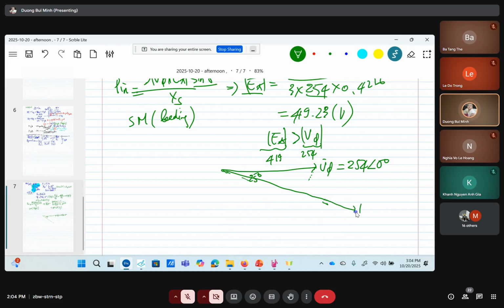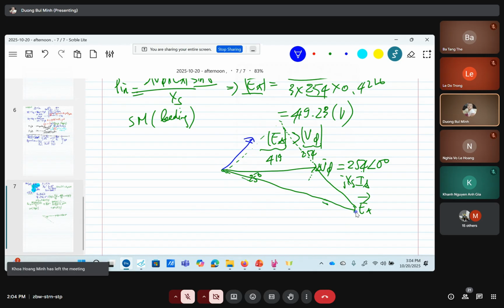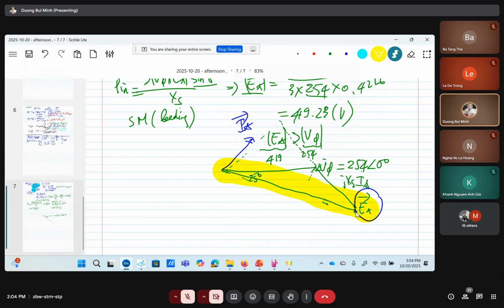Then this one is jXS IA. So here is EA, here is IA, and here is V phase. Now this one is EA, this one is V phase, and this one is leading, not lagging.